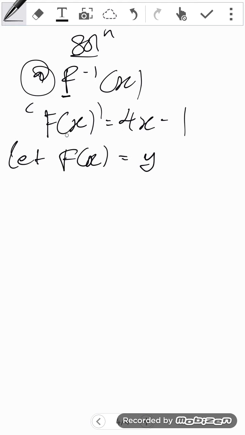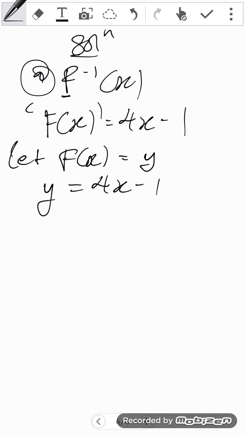Remember the first step, we look for the function beginning with the letter f, then you rewrite it as f of x is equal to 4x minus 1. Then you let f of x be equal to any letter of your choice. In most cases, they mostly love using y. Then once we do that, you'll have y is equal to 4x minus 1. From there, we simply have to make x the subject of the formula.